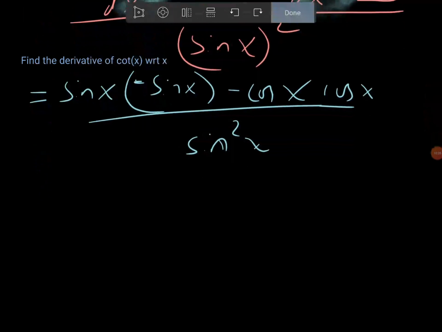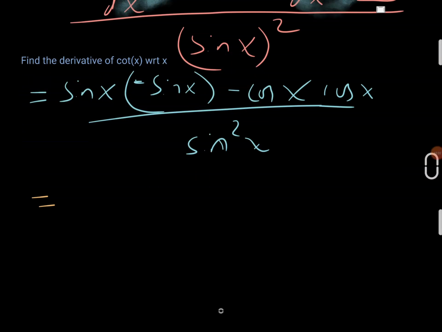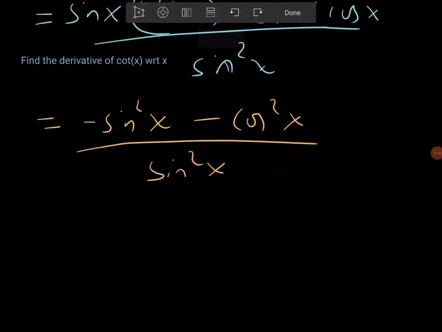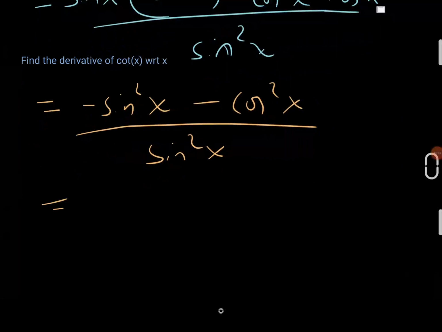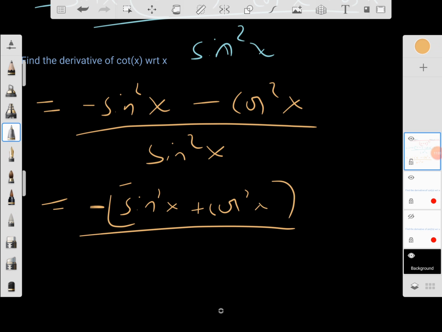Now let us solve that. So this is equal to sine x into minus sine x, that will be minus sine square x, minus cos square x, whole divided by sine square x, which is equal to minus. I can take common, and what do I get? Sine square x plus cos square x, whole divided by sine square x.